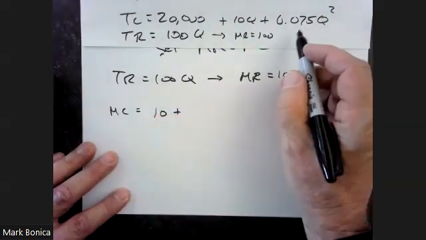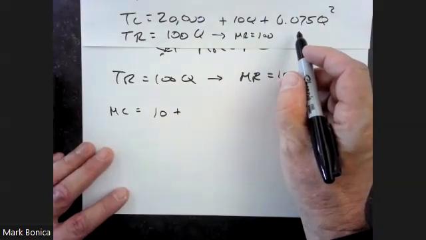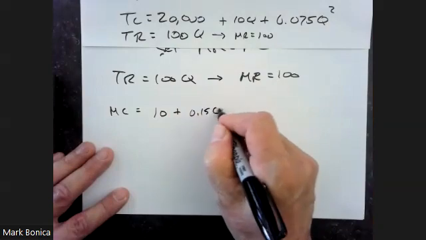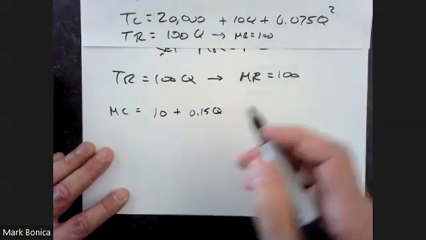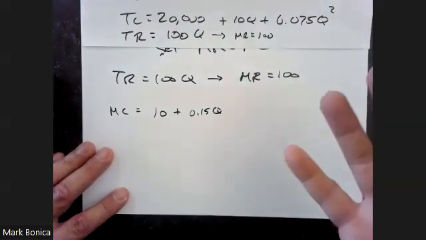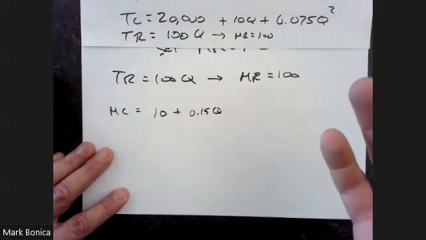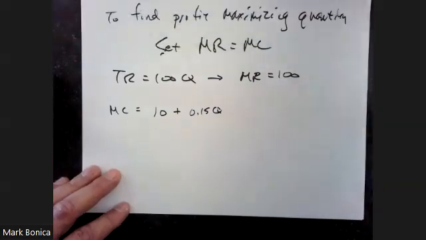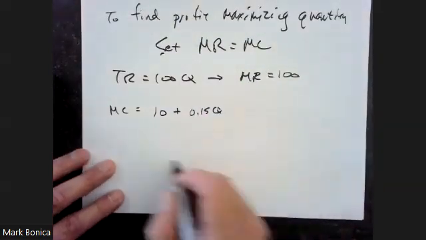Then we get 2 times 0.075, that's 0.15, Q to the 2 minus 1, which is Q to the 1, which is just Q. All right, now I'm going to set marginal revenue equal to marginal cost.